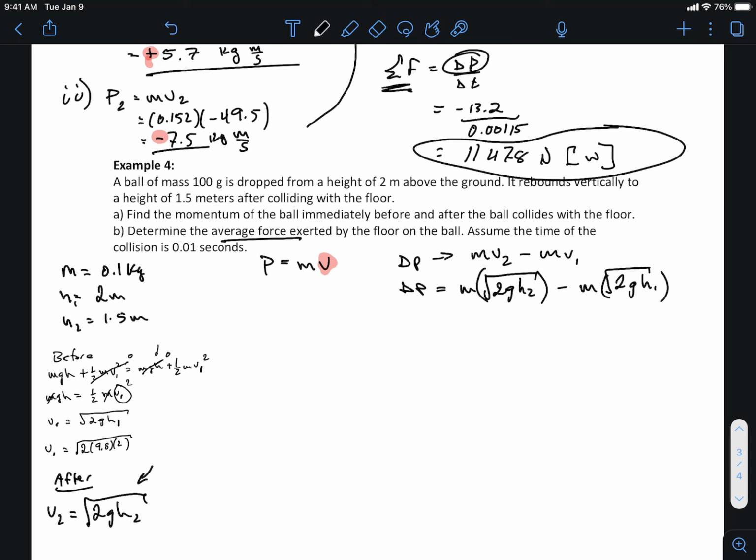Okay, so change in momentum, we're going to find that the mass, 0.1, should be multiplied against the square root of 2g, 2 times 9.8 times 2. And we're going to subtract off 0.1 times the square root of 2 times 9.8 times 1.5.